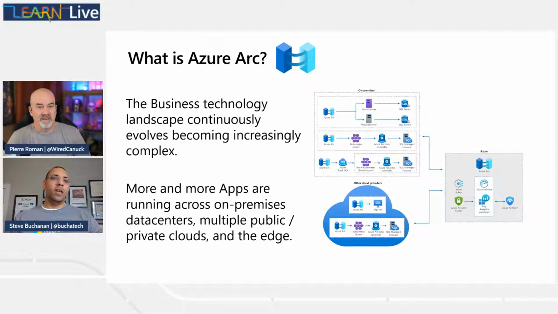If you have the need to run something on premises and you can't move it to cloud for a number of different reasons, you know, you have to leave that there, maybe for compliance. It doesn't mean that you can't leverage cloud technologies on that workload, even if you have to leave it on premises. We can use Azure Arc to extend to it and bring those capabilities to those workloads.